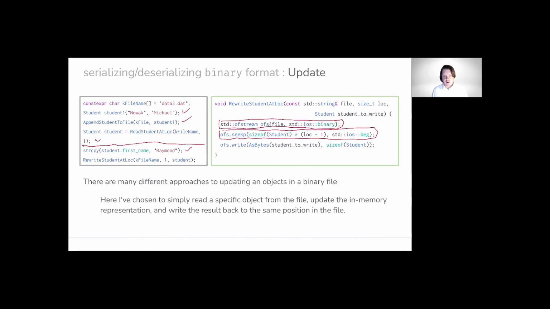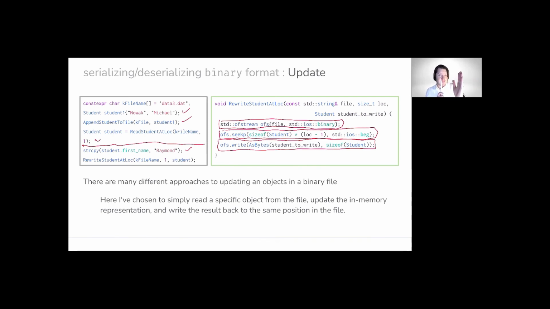Once we seek to the proper location, we're simply going to write that student out to that location of the file as bytes. So we go out, we grab our in-memory representation, byte by byte, and we're putting it into the file. So boom, 1 byte, 2 byte, 3 byte, and it's just being copied over from in-memory byte by byte into our file.